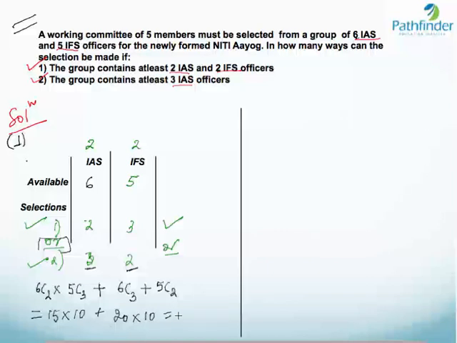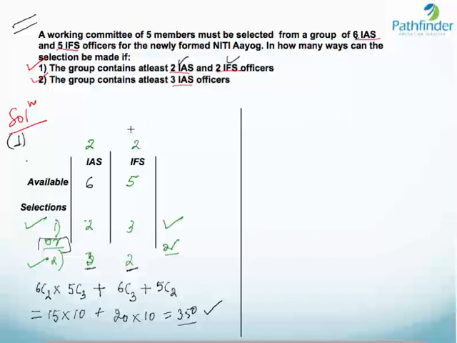So 150 plus 200, that is 350 possible ways. So we have 350 possible ways for selecting the group of 5 members in such a way that at least 2 must be IAS and at least 2 must be IFS.